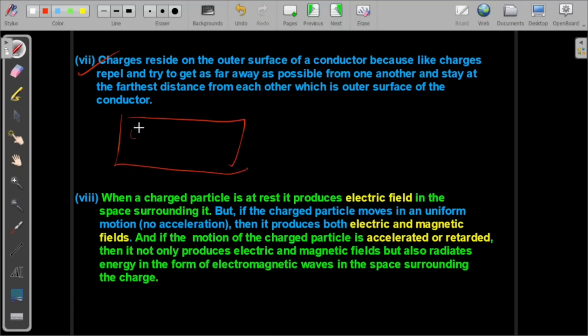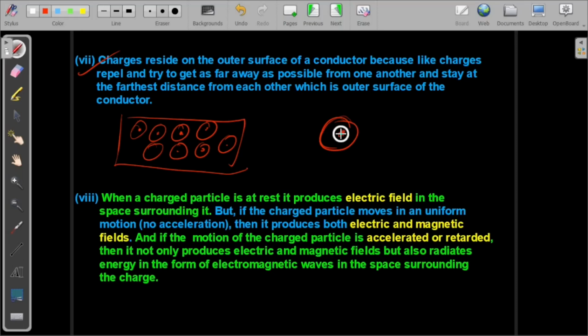There are many atoms, right? Each atom has one nucleus. Like this you will get many atoms. In conductors, generally what do you get in an atom?